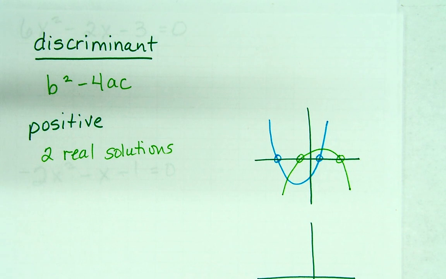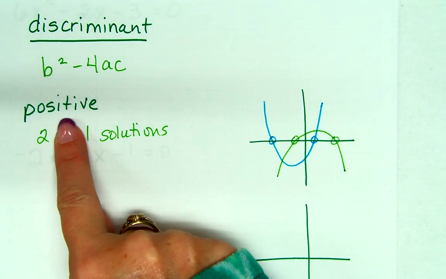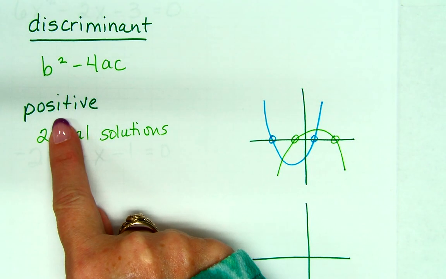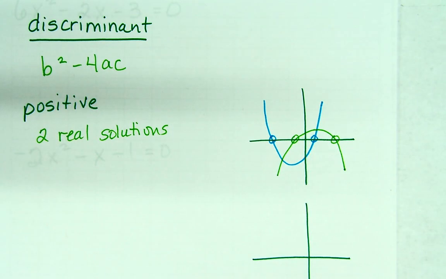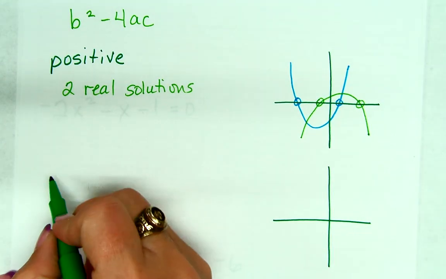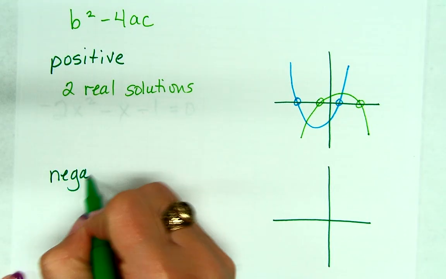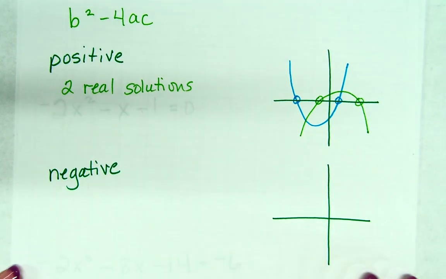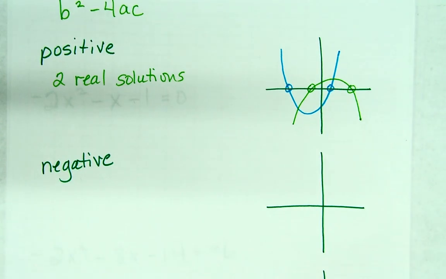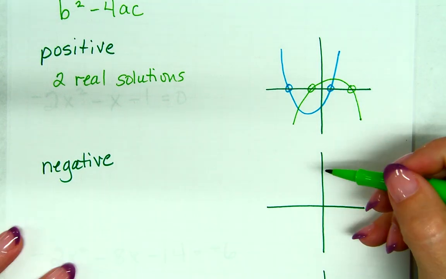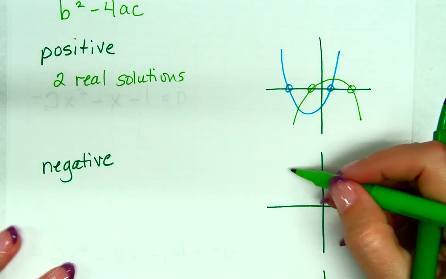Okay? So if one option for the discriminant is positive, what's another option? Negative. Now, what do you think the graph would look like if the discriminant is negative?